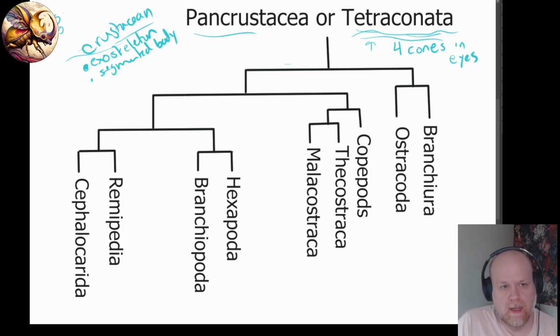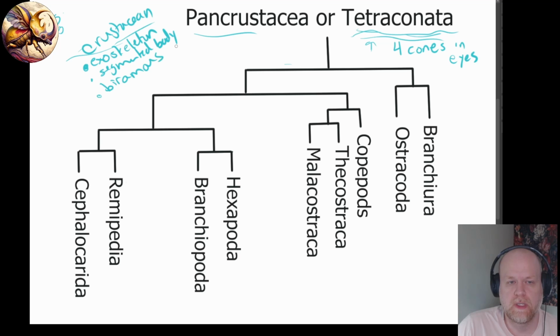They have jointed legs, just like all the arthropods, but they generally have a unique set of legs. They all have at least one biramous appendage. Instead of an insect leg or a spider leg, which comes to one point, biramous appendages are kind of clawed, and split into two parts on each leg.